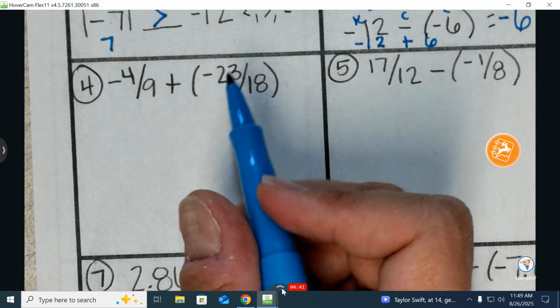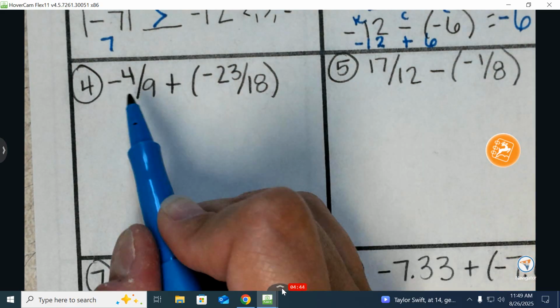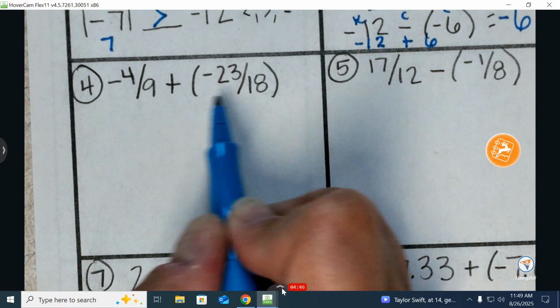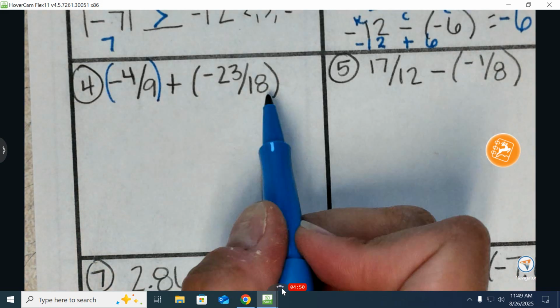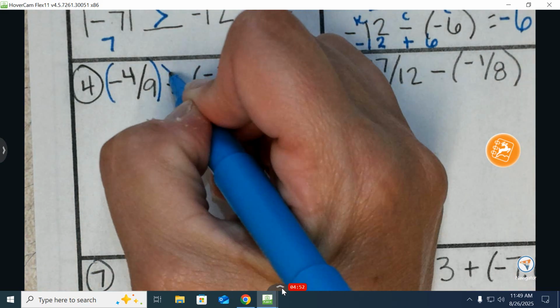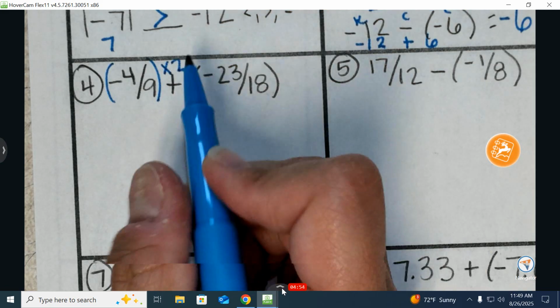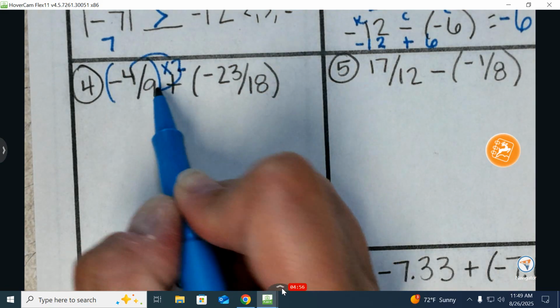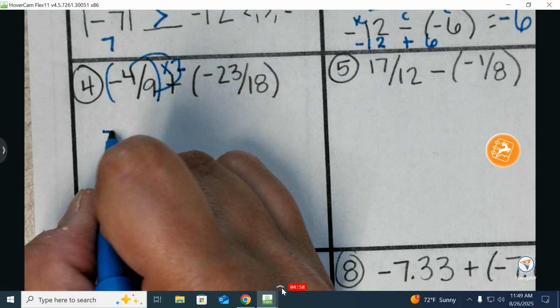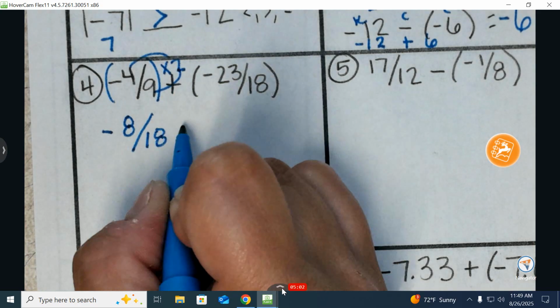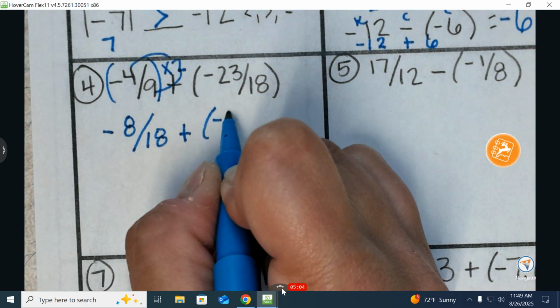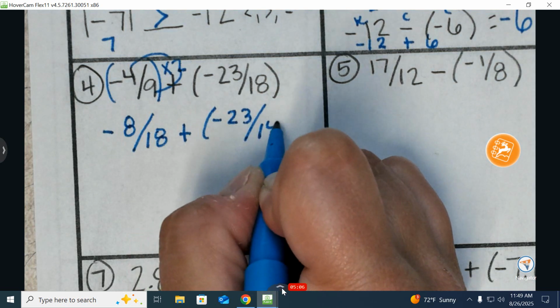But it's a fraction, and in order to add these, they have to have common denominators. These do not have common denominators, so I'm going to multiply this to make it become an 18, and to do that I would multiply it by 2. You got to multiply the numerator and the denominator by 2, so it's going to be negative 8 over 18 plus negative 23 over 18.